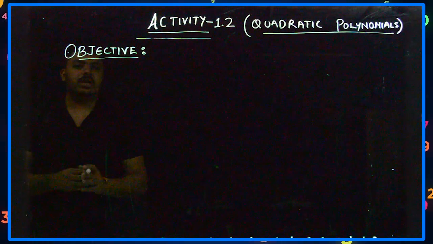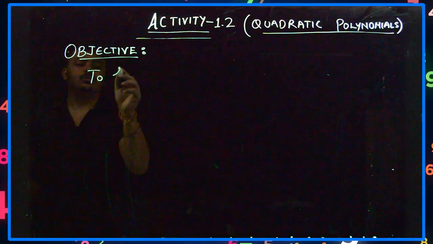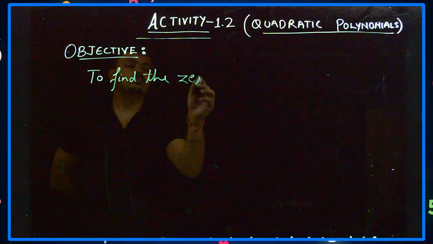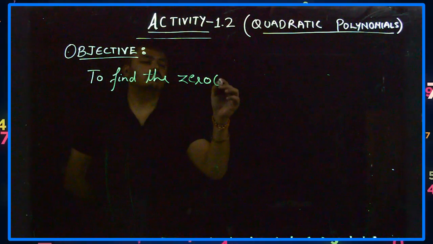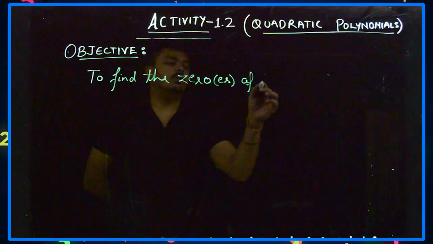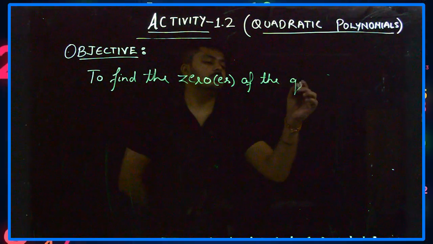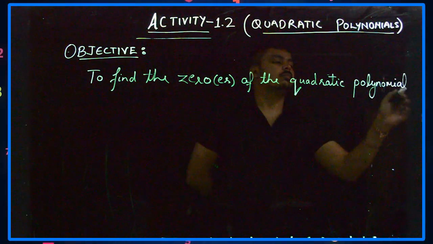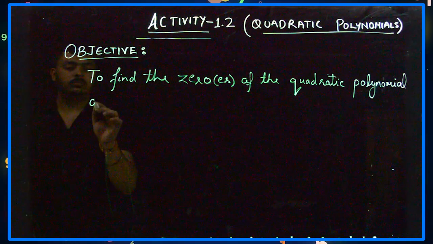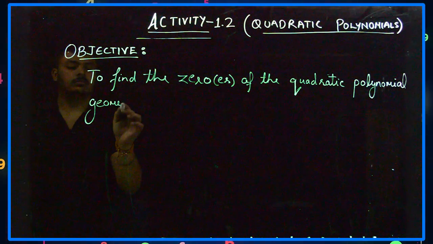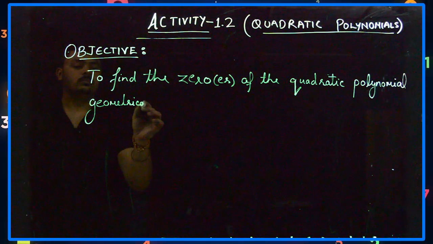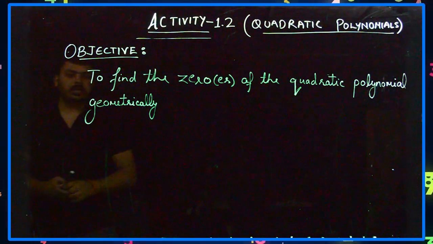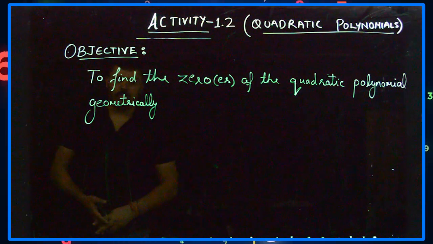So our objective for this given activity is to find the zeros of the quadratic polynomial geometrically.